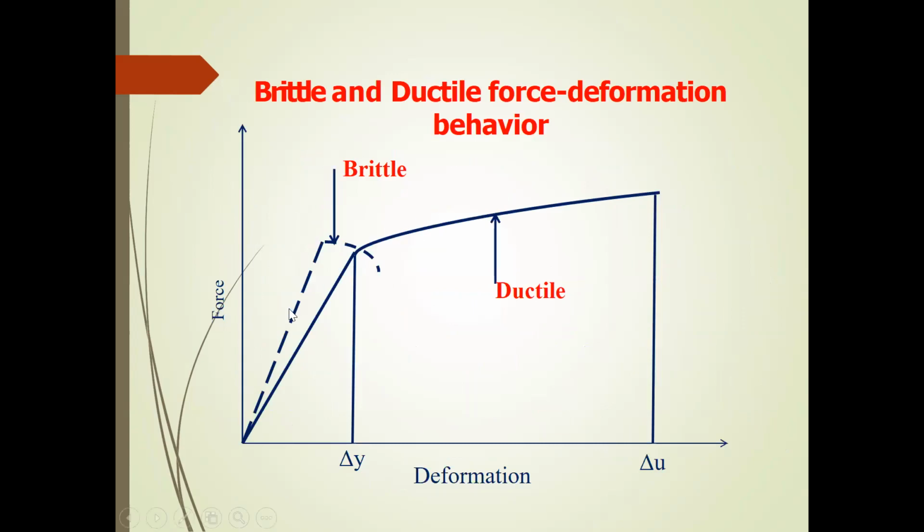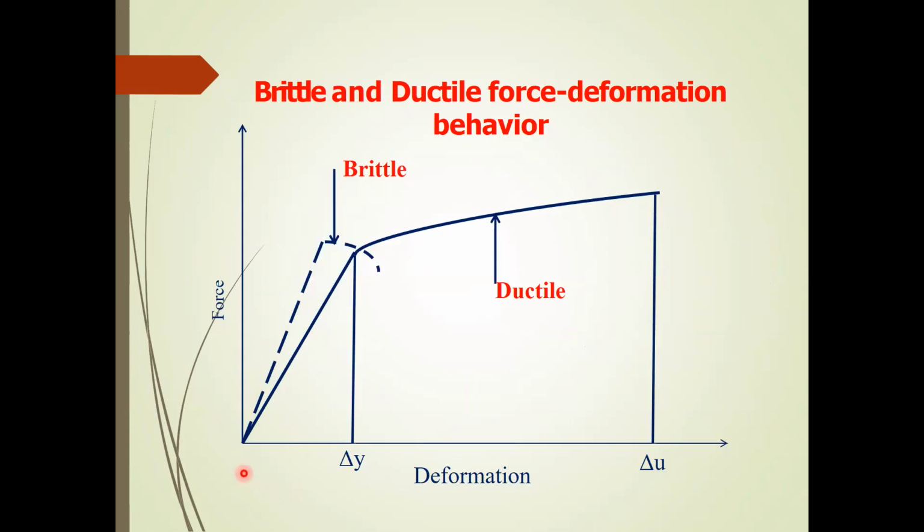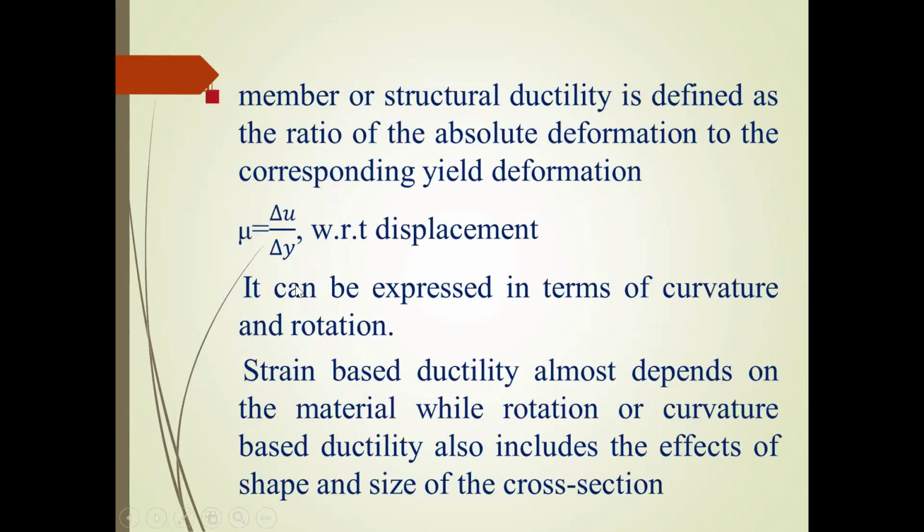Here you can see this image where you can understand this. X-axis is the deformation, Y-axis is the force. See here, the ductile will continue, whereas the brittle will break here. Okay, now I think you got the point.